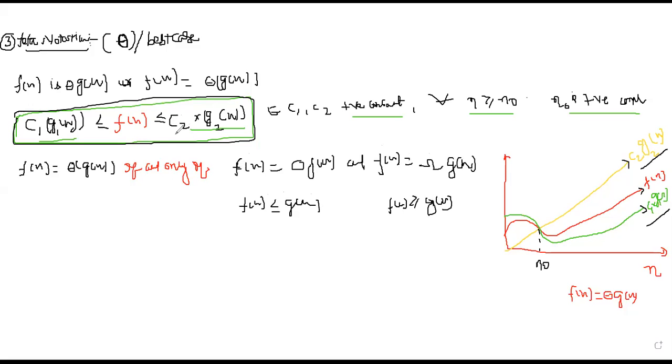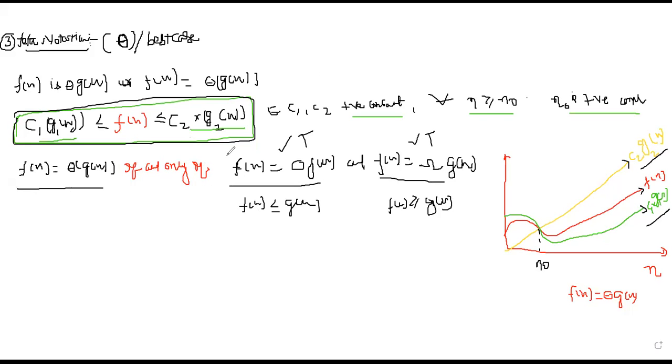This condition will be true only when this is true and this is true. कहने का मतलब है, if f of n is theta of g of n, then f of n should be big O of g of n, and f of n should be omega of g of n.